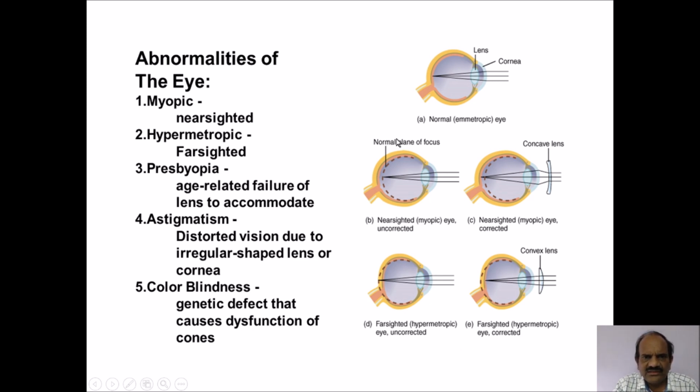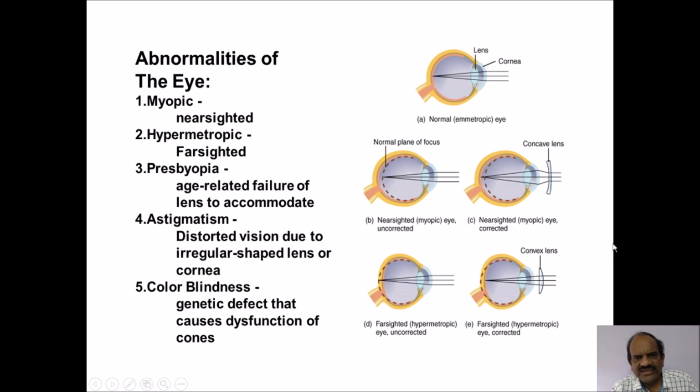Now this is the near-sighted eye. As compared to the normal eye, there is an increase in the anterior-posterior axis of the eye, or in short, there occurs an elongation of the eyeball. It is corrected with a concave lens.